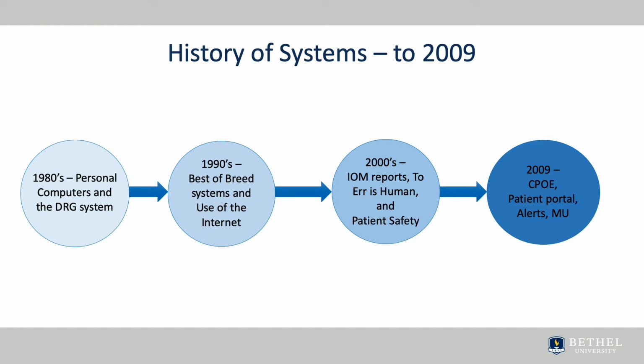During the 1990s, vendors focused on creating best-of-breed systems where each department, lab, radiology, pharmacy would buy the best product for their use. Another turning point came with the 2000 IOM report on medical errors, because the priority became healthcare quality and safety, care and coordination, and engaging patients in their care, along with communication among the systems.